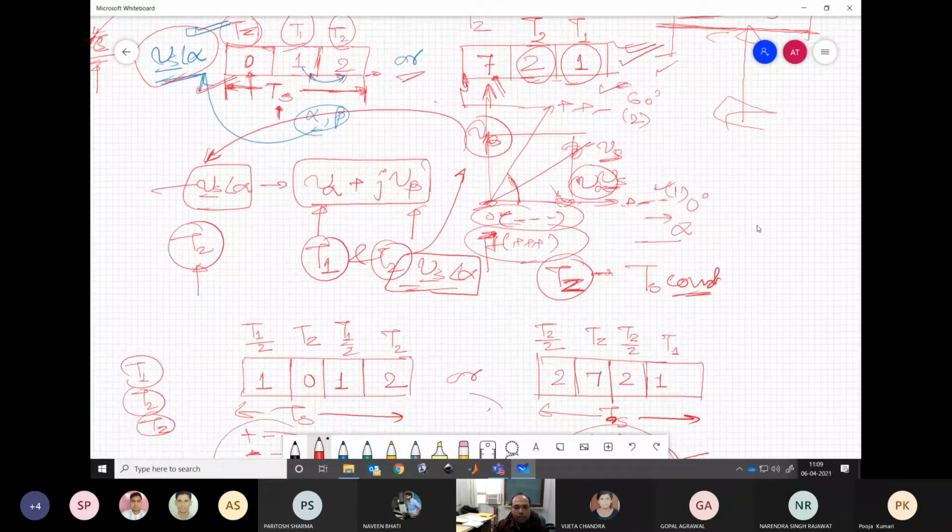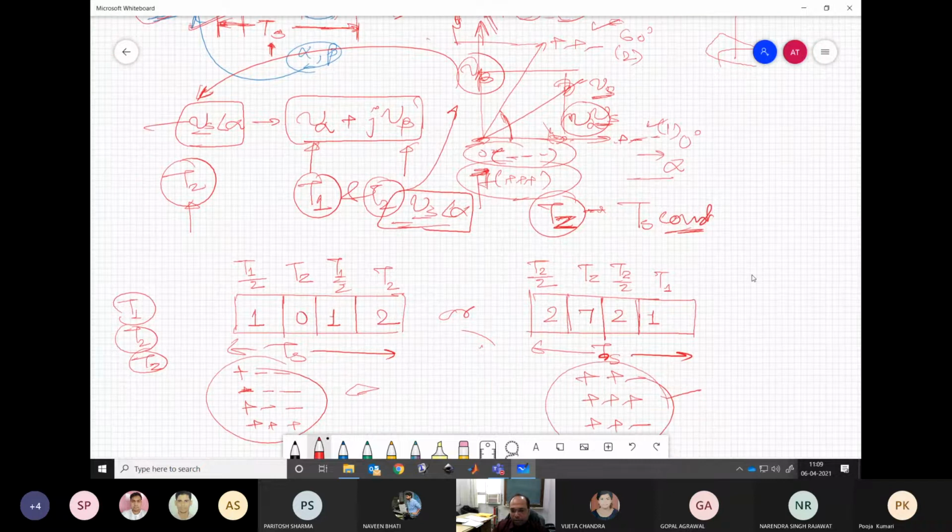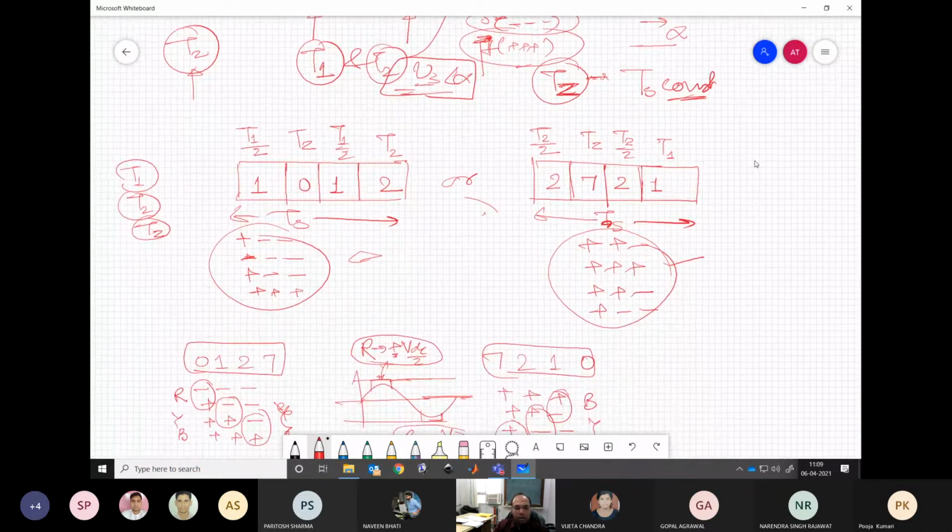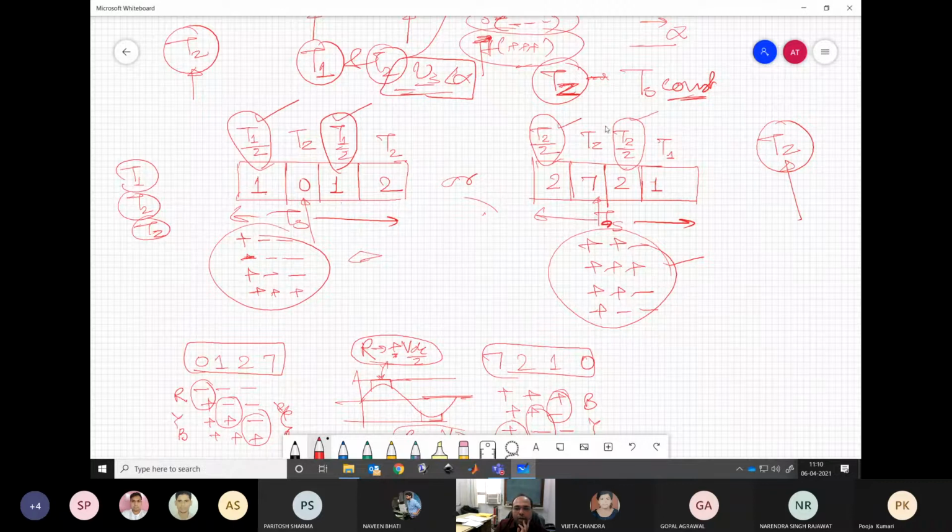Now, if we are not applying both the zero vectors, we may have another option: we can split the time for one of the active vectors, similar to how we were splitting the zero vector time. So some sequence like 1, 0, 1, 2 or 2, 7, 2, 1.